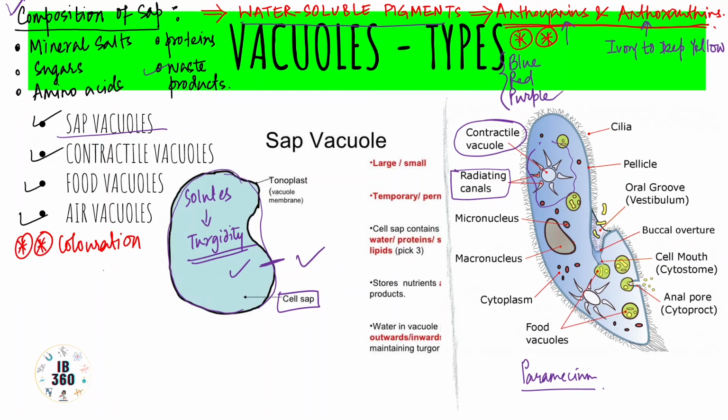As a result, the vacuole will swell up, and this process is called diastole. When the swollen contractile vacuole comes in contact with the plasma membrane, it collapses, and this collapsing is systole.